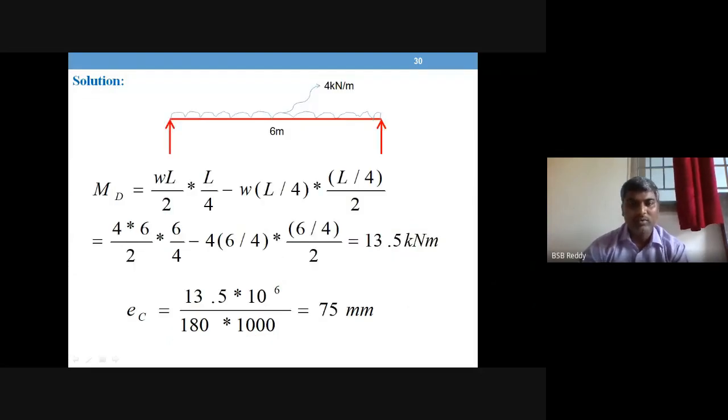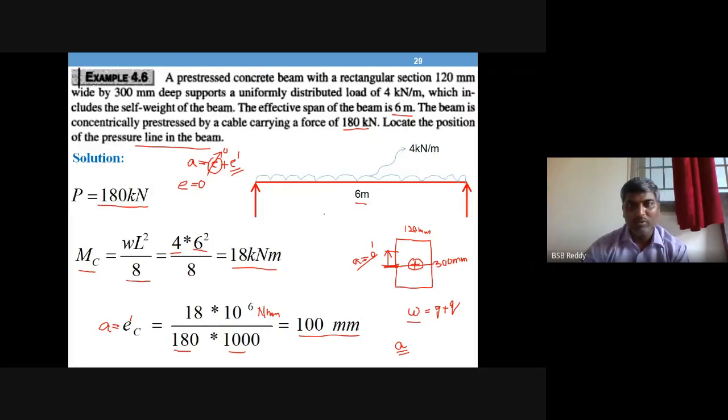Similarly, we work out the other locations, maybe at 1/4 of the span, so that you can easily draw this because of symmetry. So I am working out the location of the compression line at center and also at 1/4 distance, so that the other half of the beam you can also produce in a symmetric manner.